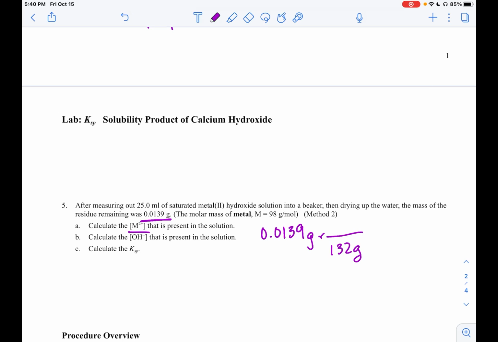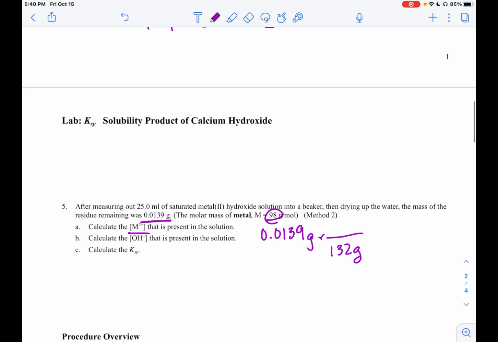So that would be this metal plus OH twice for hydroxide twice over 1 mole. And that's going to be then divided by your liters.